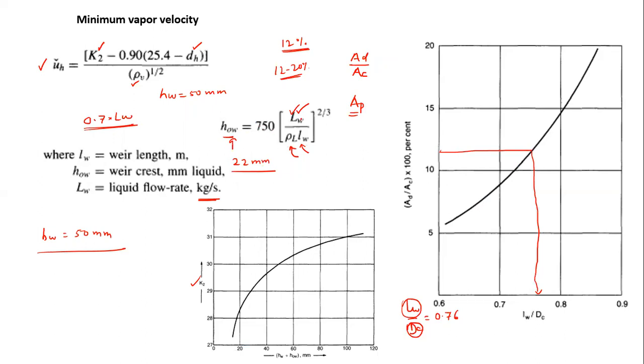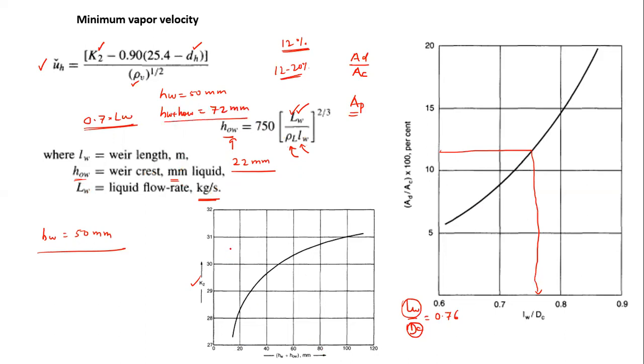This formula, where LW is kg per second, small lw is the weir length in meter, and you will get HOW in mm of liquid. So HOW is 22. So HW plus HOW would be around 72 mm.